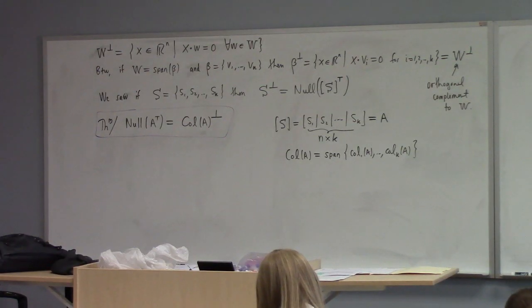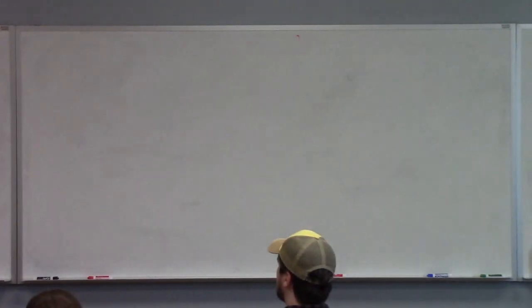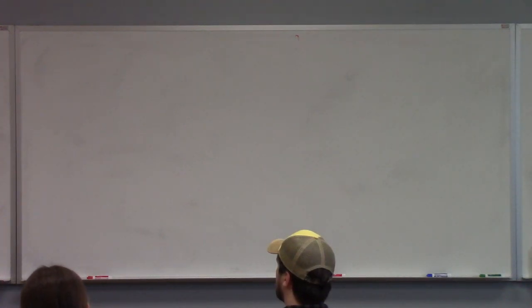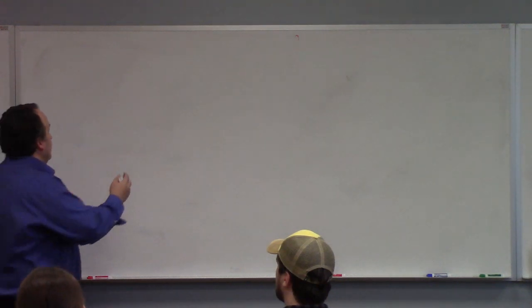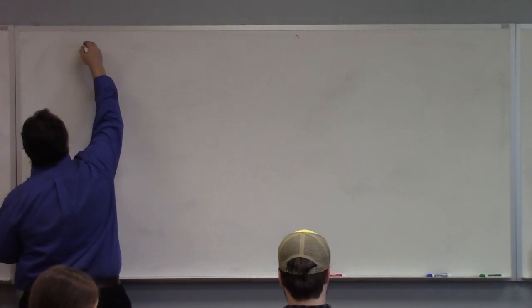So let me try to draw you guys a picture of this idea. And I do actually have examples with models and data and stuff, which I'll project here at the end of class, but we need to set up the problem here. So here's the basic problem.